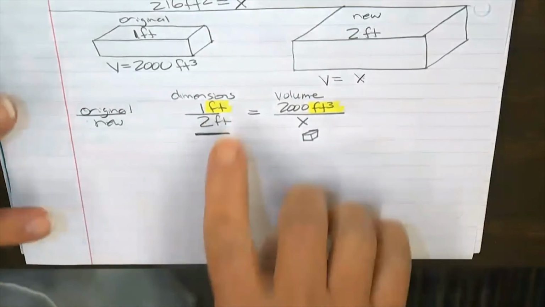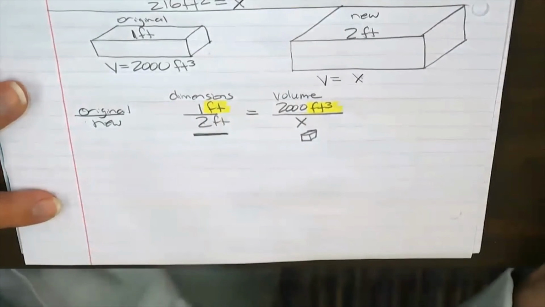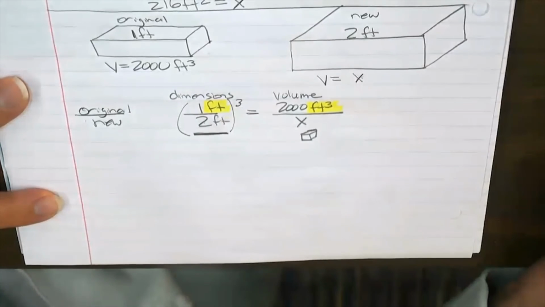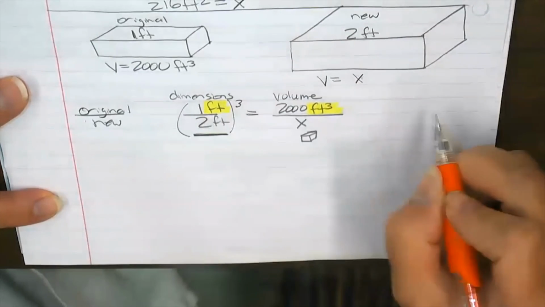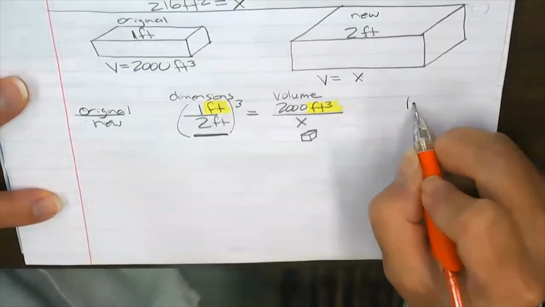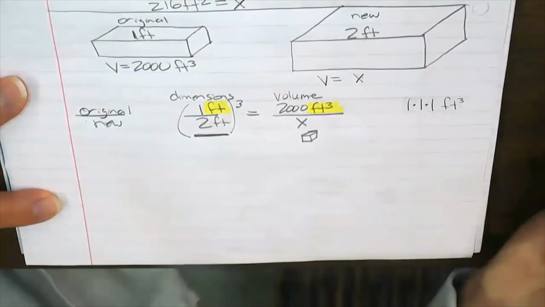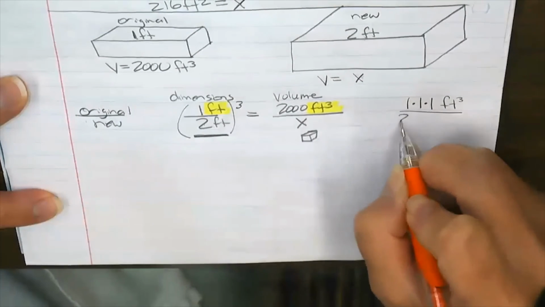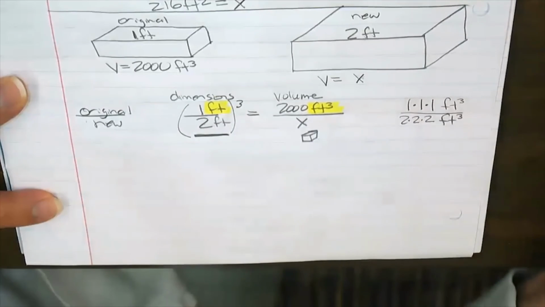I need to turn feet into feet cubed. I can do that. I'm going to cube this whole thing. So what I'm doing, this over here, is actually 1 times 1 times 1 feet cubed now. And this is 2 times 2 times 2 feet cubed.